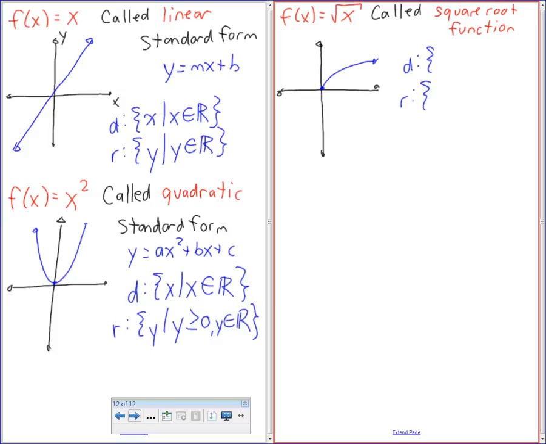We just talked about domain and range without actually saying domain and range. What's the domain of that graph and what's the range of that graph? Shannon, go ahead. Is it any real number such that x is greater than 0? Greater than or equal to. Because you can take the square root of 0.